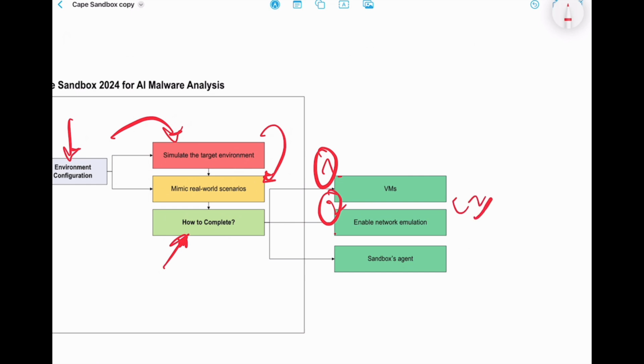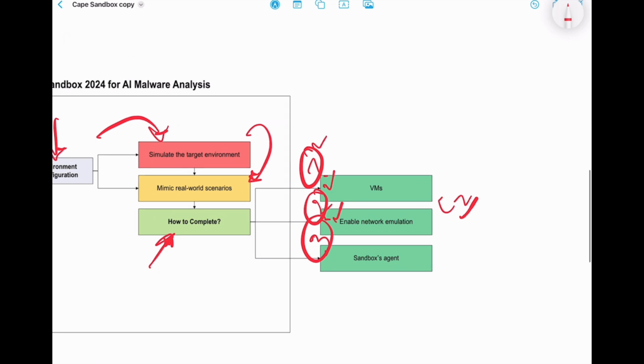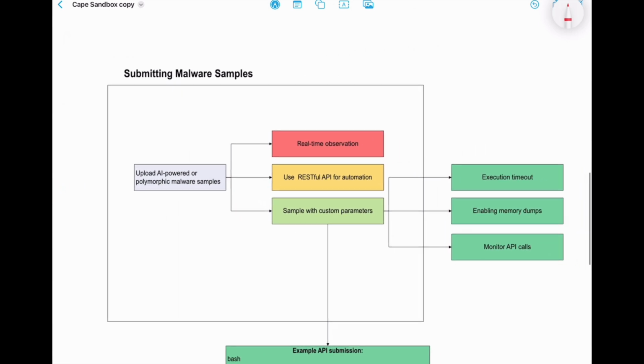And third, you would install the Cape Sandbox agent on the virtual machine for comprehensive monitoring of system calls. You can also monitor file activity and network interactions. So those are the three steps that you need to perform to configure the environment.